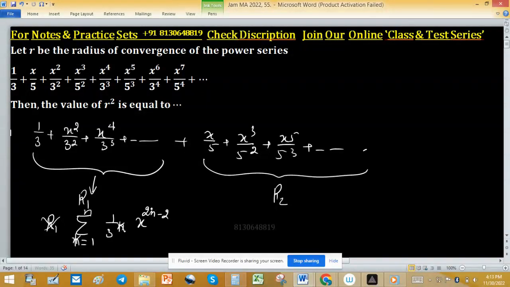Similarly, the second one we can write as summation, k running from 1 to n, of 1 upon 5 raised to the power k and x raised to the power 2k minus 1.